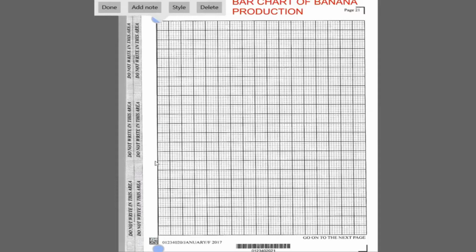This is my y-axis. Then I need my x-axis. Arrow's going in the wrong direction, but so what? That's my x-axis. And they said that I need to use 1 centimeter to represent 1 year on the x.